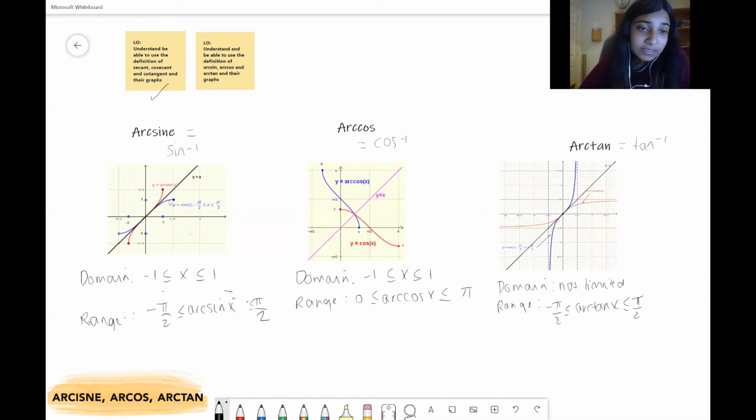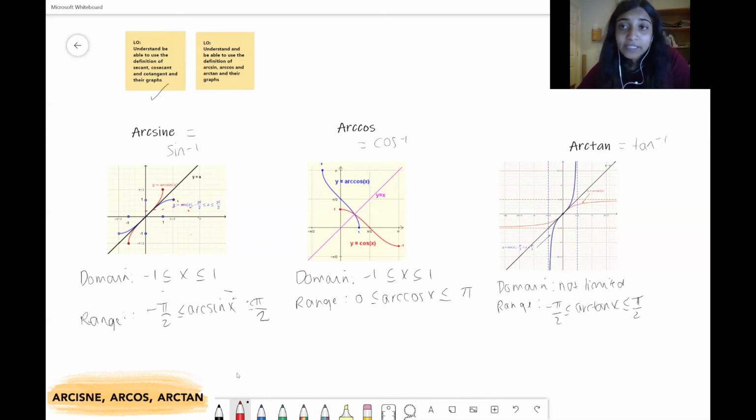That's because if you were to continue it down here, you'd have y values equaling 2 x values, and you can't have that. It won't be a one-to-one function anymore. So that's why we have to limit it to between minus pi over 2 and pi over 2.